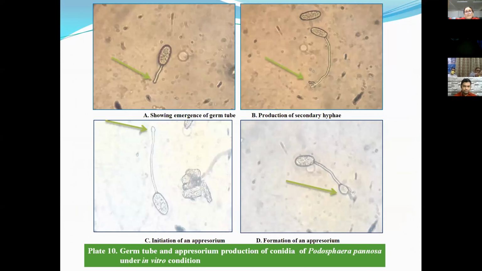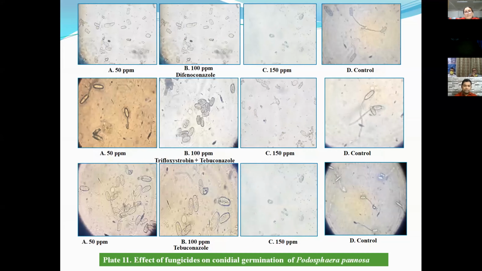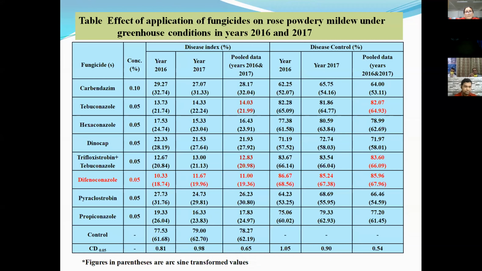Here we can see the germ tube length, with hyphae emerging from it, the initiation of appressoria formation, and thereafter full appressoria formation, and there is reduction of these. Whenever we treated the conidia and examined them under the microscope, we saw that their germ tube had reduced.